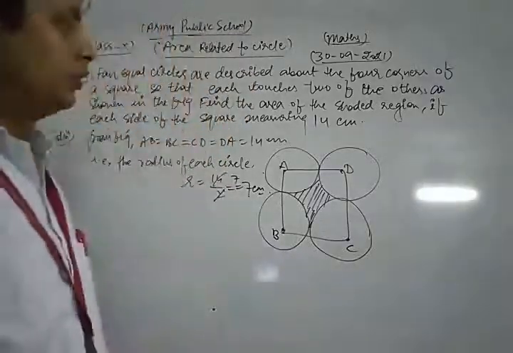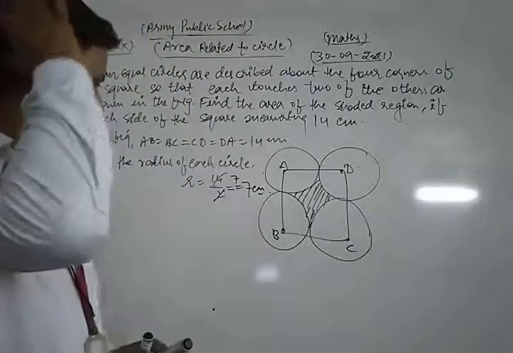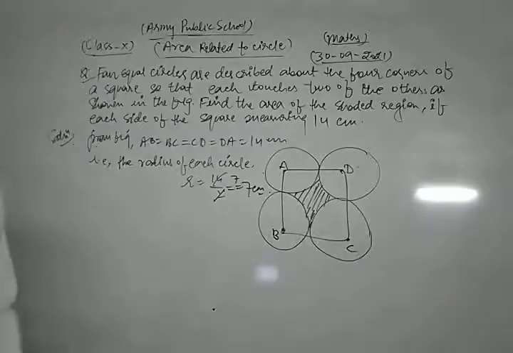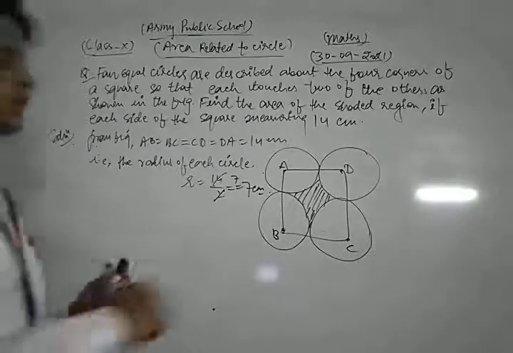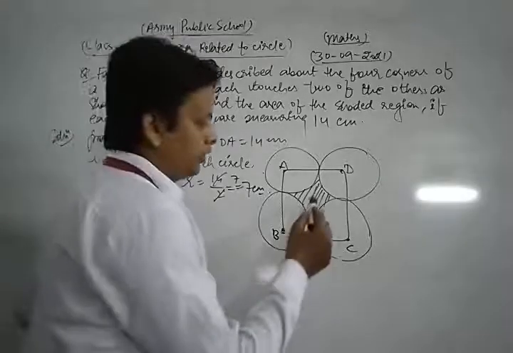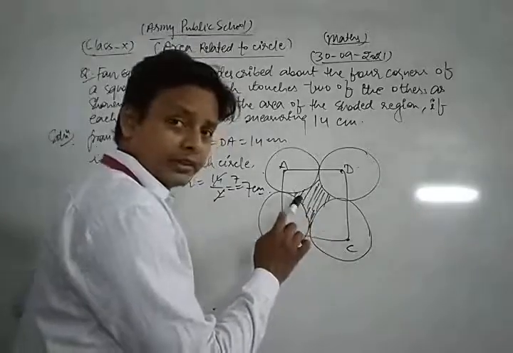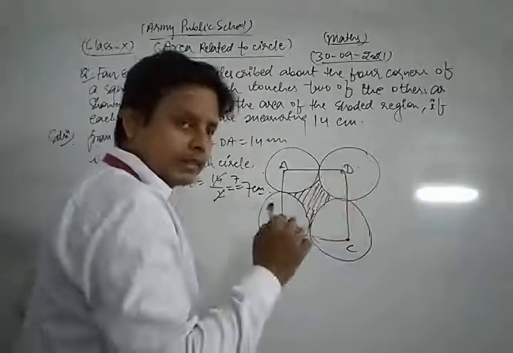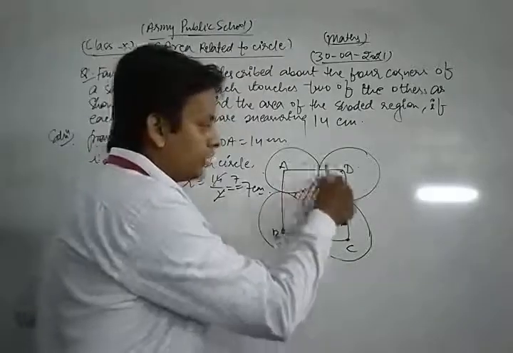Now what I do, look. First of all, we find the area of shaded region is equal to area of square ABCD minus 4 into area of each quadrant.